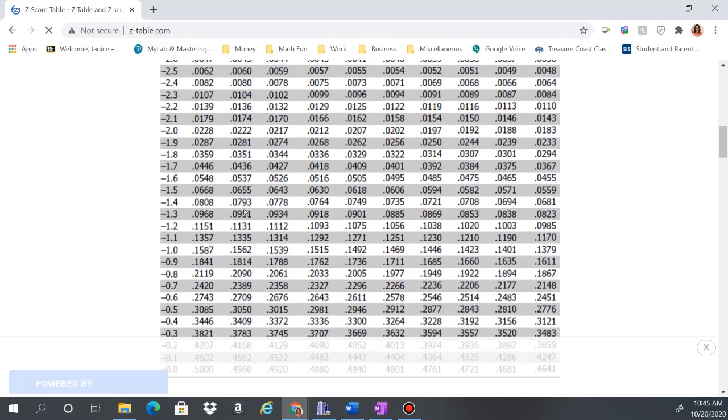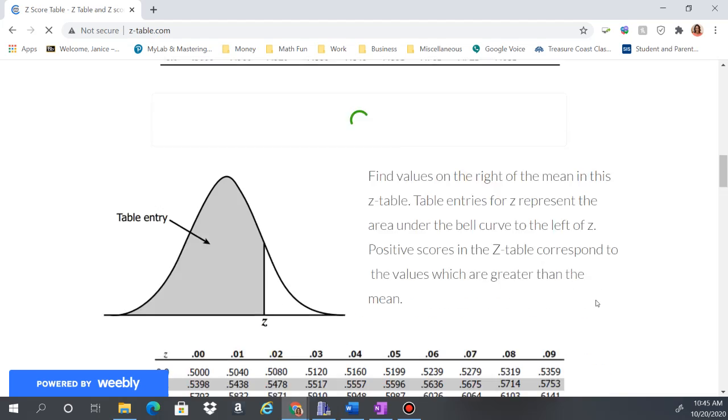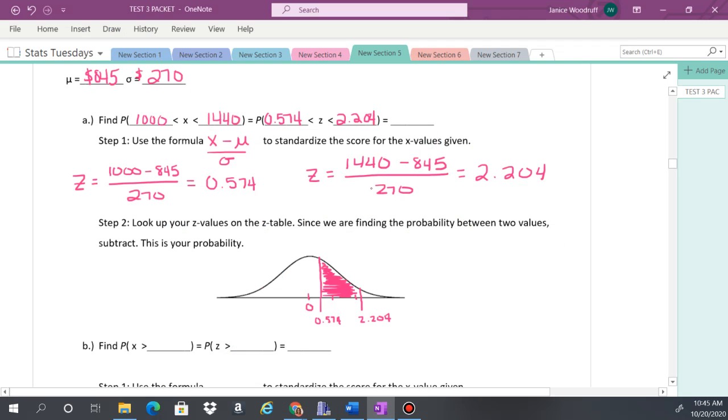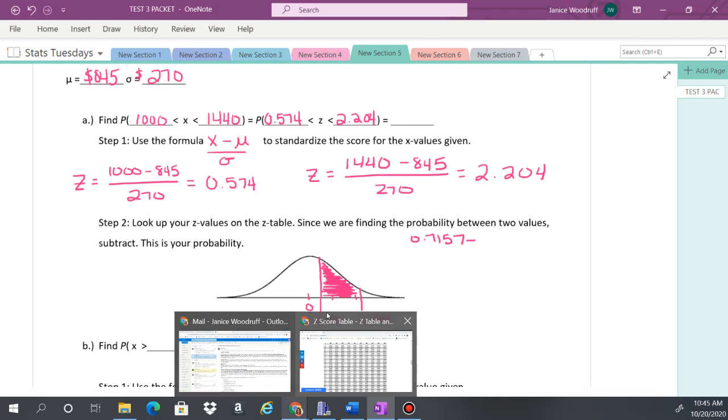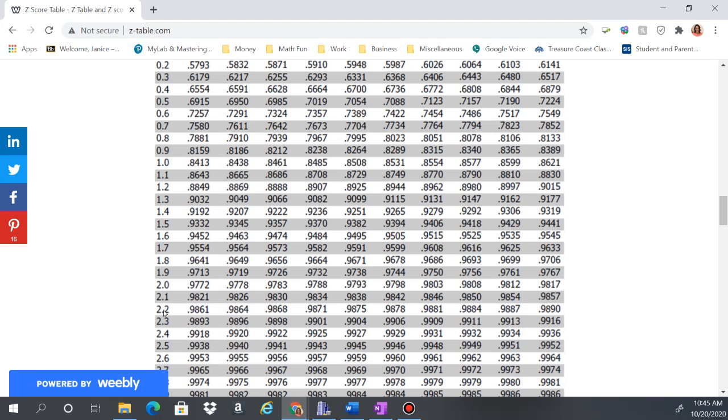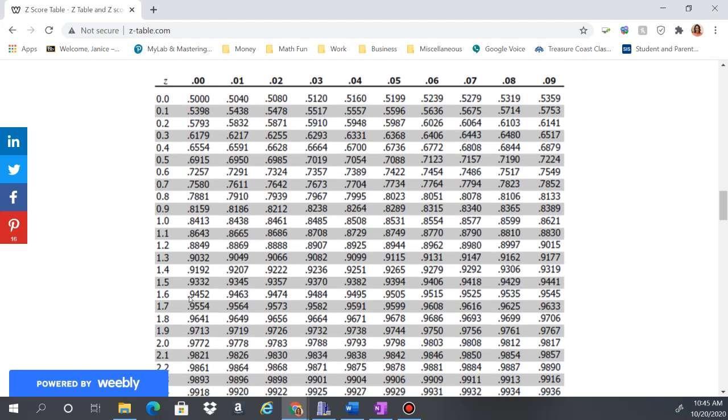There's the negative side, and then the positive side, I would go down here to 0.5, and then over to 7, so 0.7157. I'm going to write that down here. And then we want to find 2.204. So go to 2.2, and it's 2.20, so it's just this first column here, so 0.9861 right here.